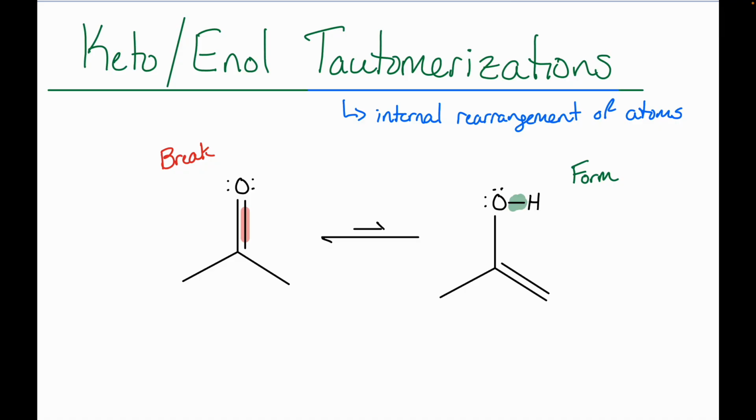What else do I need? Carbon-carbon double bond. All right, we're missing one bond to break here. We got one additional bond that we're going to have to break in order for this reaction to occur. I want everybody to take a second and put in your implied hydrogens and see if you can't figure out what bond we need to break in order to get from our reactant side to our product side here.